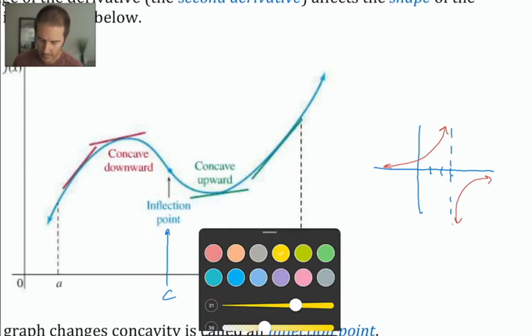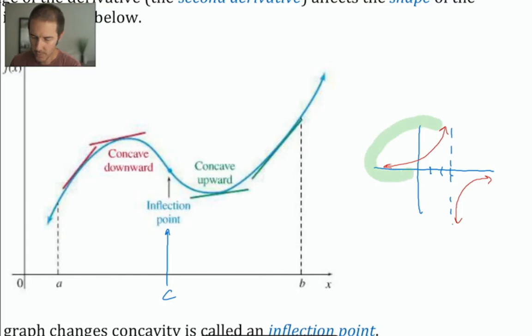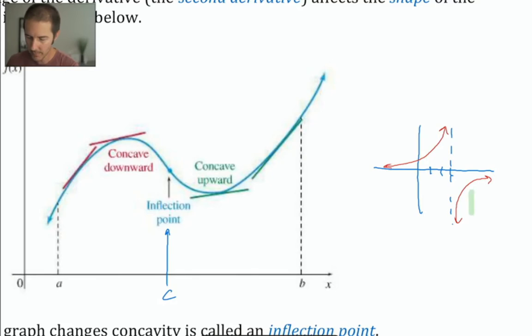Would you agree that this function right here is concave up? Doesn't it look like it's cupped in the upward direction? And would you agree also that the right-hand half of this function is cupped in the downward direction? I would agree with that.